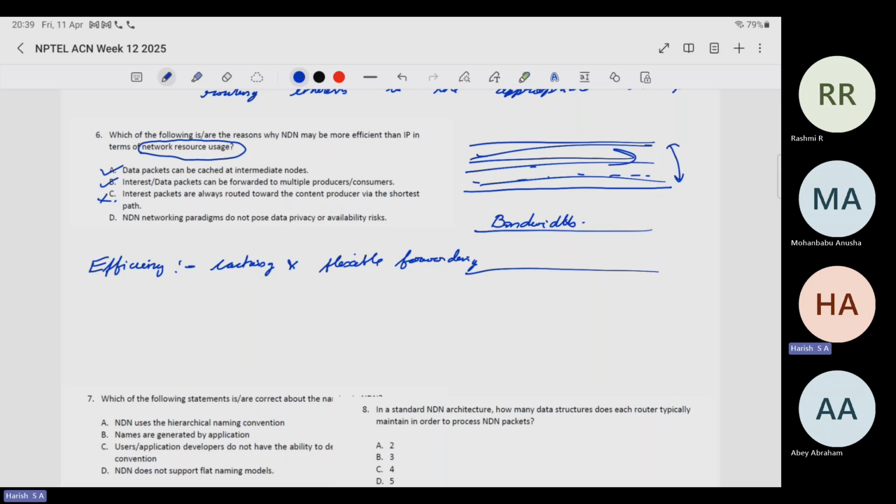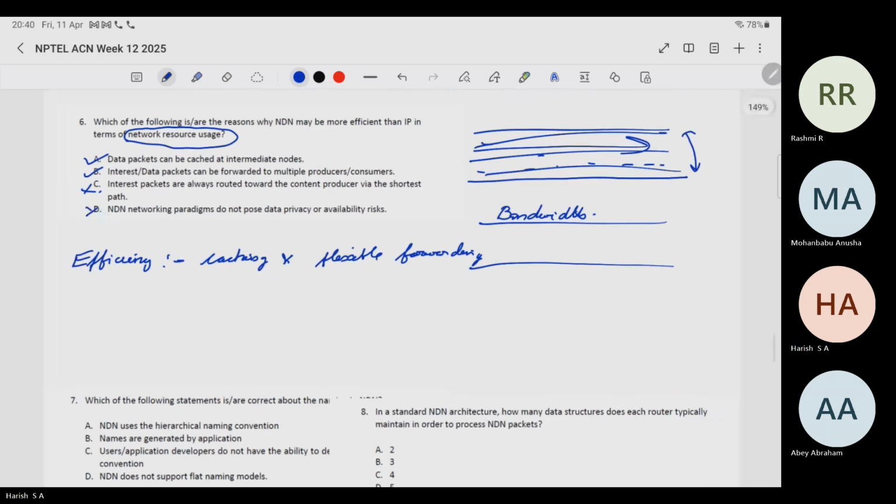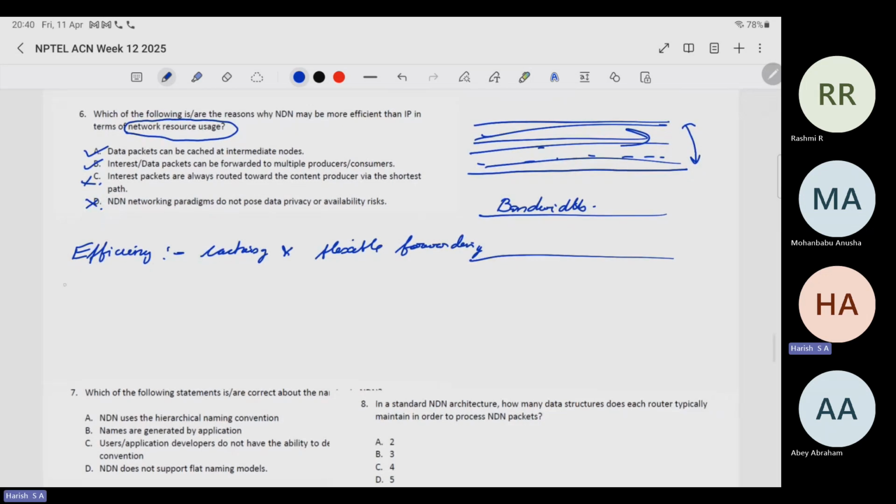Security measures should still be implemented, because it is not inherently free from such risks. It gives rise to a new host of security issues, right? So this is also wrong. So the answer is A and B. Okay?